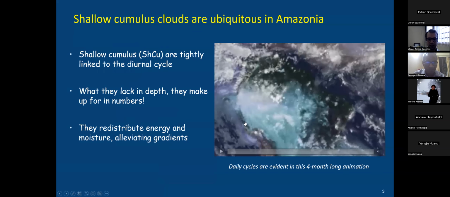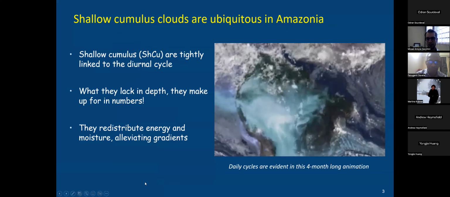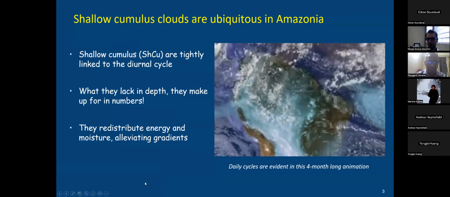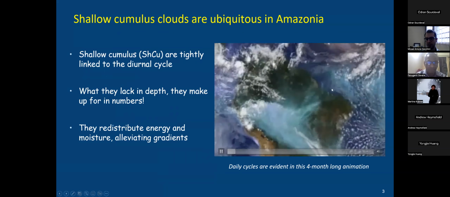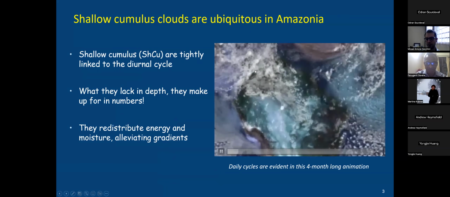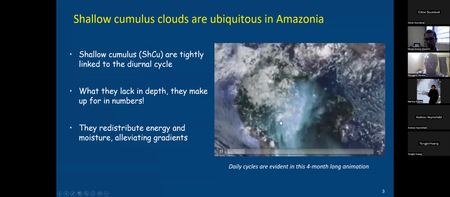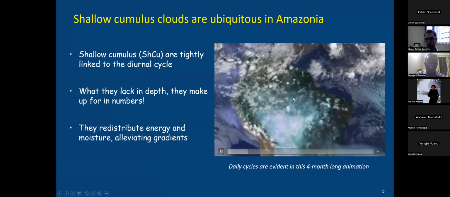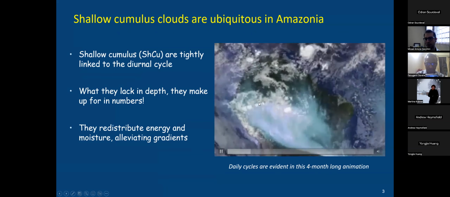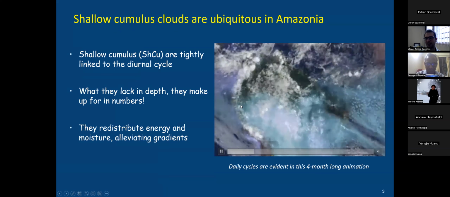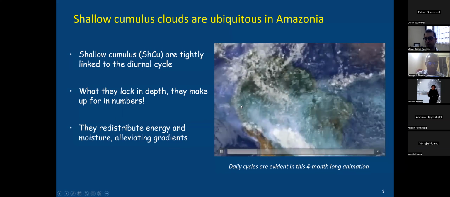So firstly, the cumulus clouds over the Amazon. Here is just a video showing a satellite image over the region. This is daily cycles over a 4-month period. And you can see that when the sun rises, the clouds start to grow.